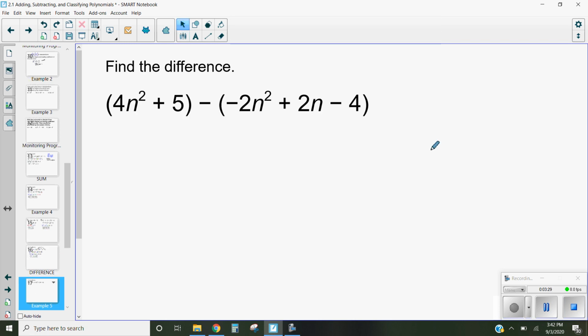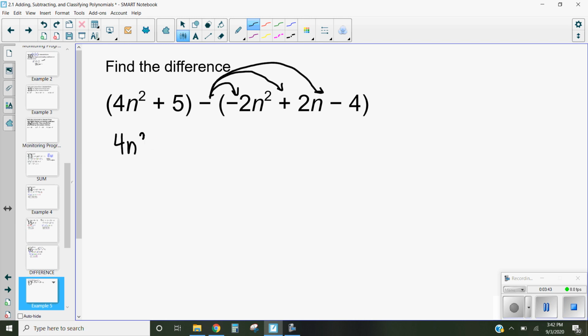So in this case, we're going to find the difference again. Now remember, finding the difference means I need to apply this negative to every single component here, or I need to subtract every single component. So let's rewrite this. I have my 4n squared plus 5. Now I'm doing minus a negative 2n squared, so minus a negative changes it to a plus 2n squared.